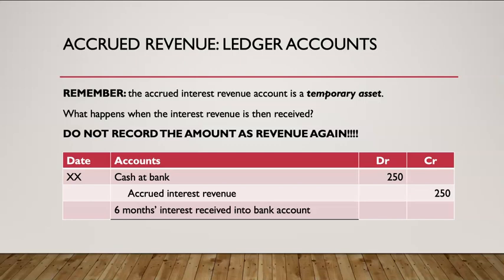I'd like to think of it as a bit like the accounts receivable transaction. When they pay us back, we're just swapping assets to recognize the cash has been received and the other asset no longer exists. The other $250 we receive would definitely be recorded as cash at bank and interest revenue.